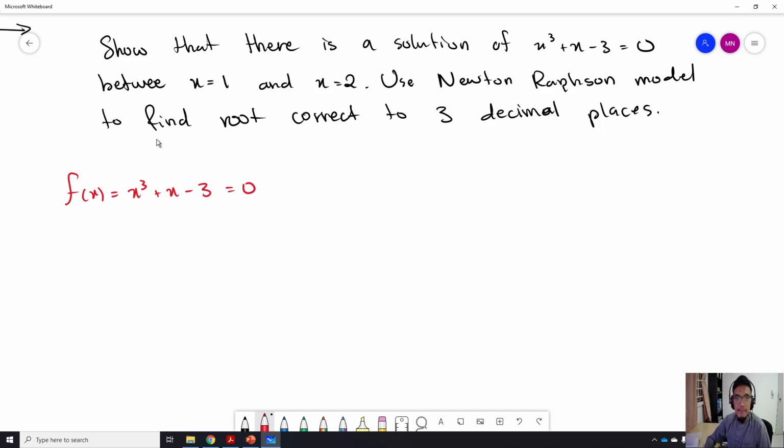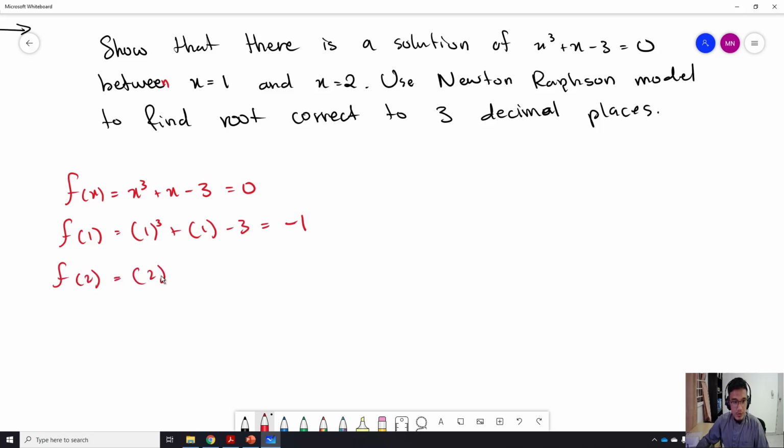Let's first substitute the values x equals 1 and x equals 2 into the function. So f(1) equals 1 to the power of 3 plus 1 minus 3, which gives us negative 1. And f(2) is equal to 2 cubed plus 2 minus 3, which is equal to 7.